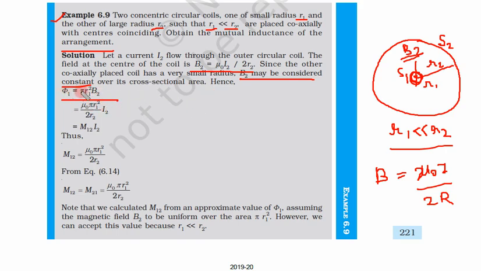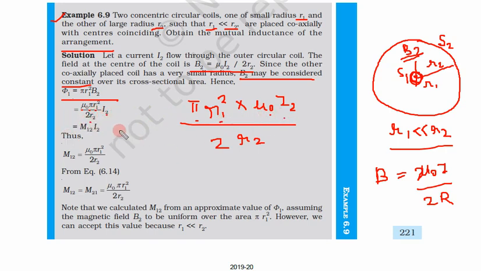Pi r1 square and B2 equal to mu naught I2 upon 2R2. So we get mu naught pi r1 square I2 upon 2R2.